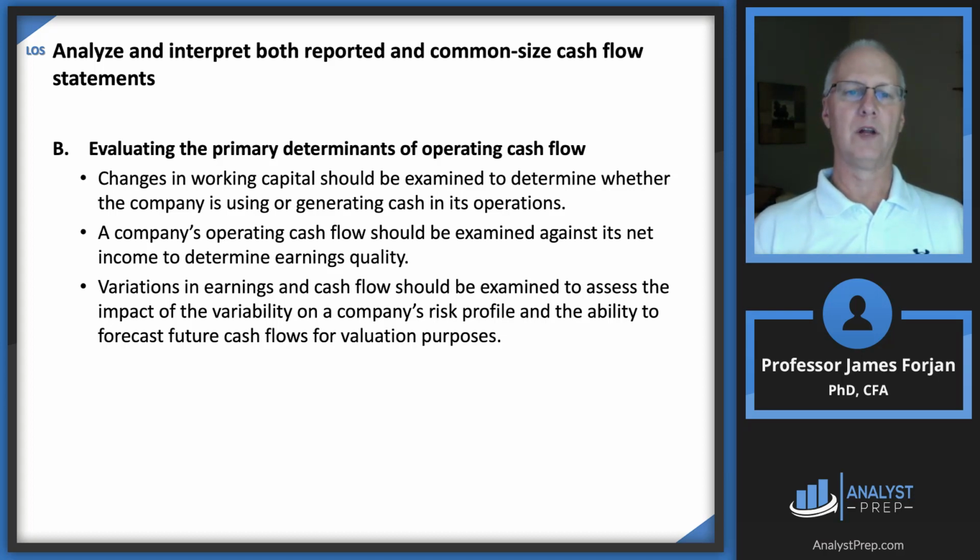And then a part of that earnings quality is the standard deviation of earnings. So variation in earnings and cash flow should be examined. Of course, this has so much to do with the risk profile and the ability to forecast those future cash flows. For example, take Milton Hershey and the Hershey Company.